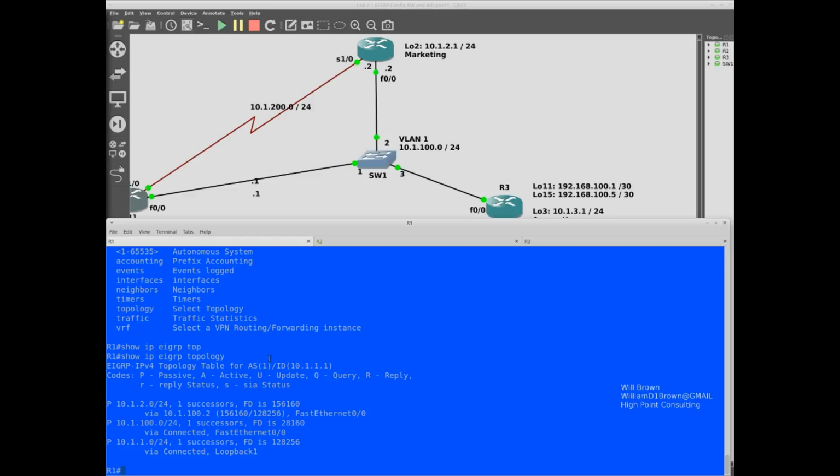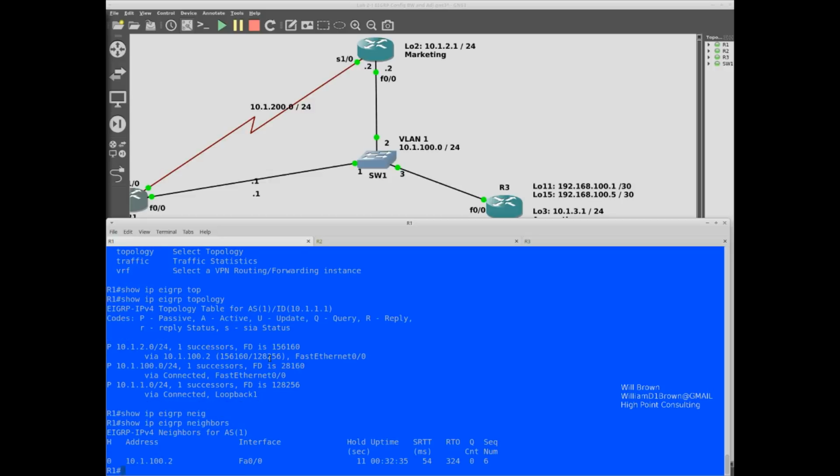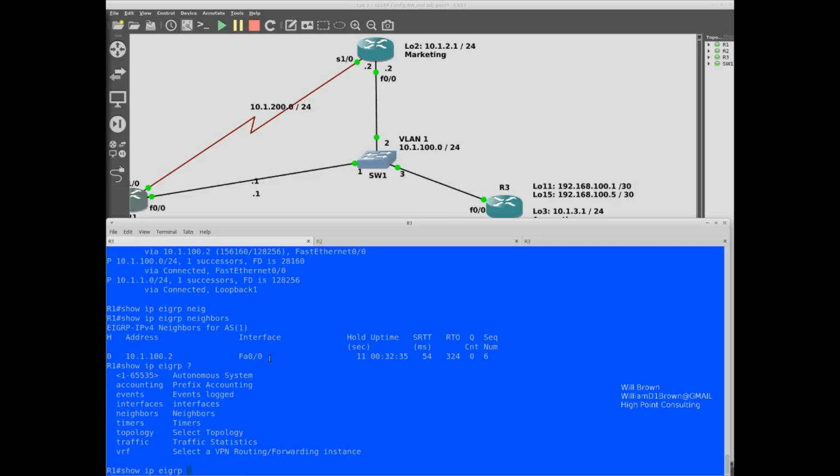So when we look and say show IP EIGRP neighbors and show IP EIGRP, what else do I want to take a look at? Let's see, I want to look at my notes here.